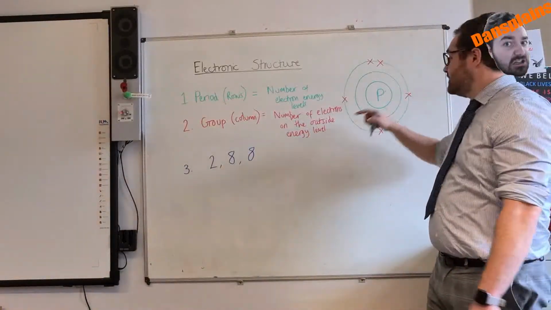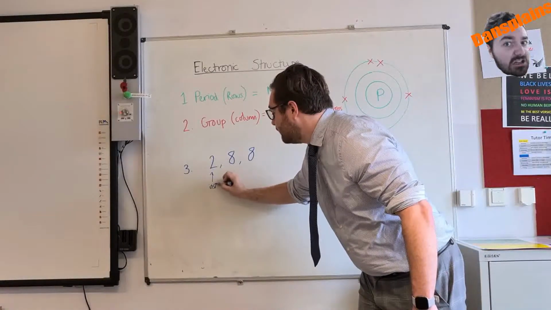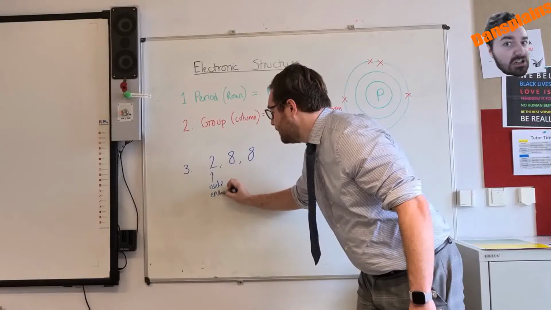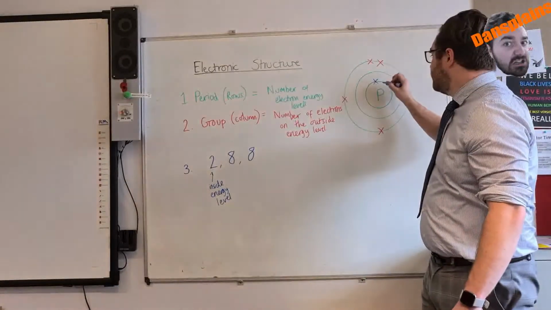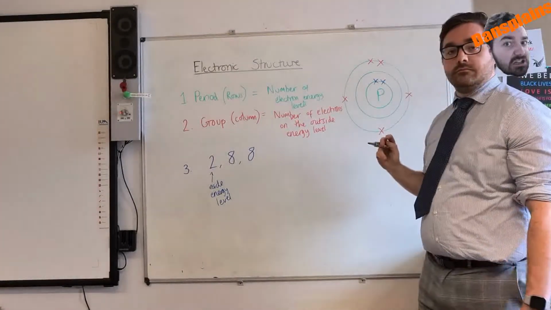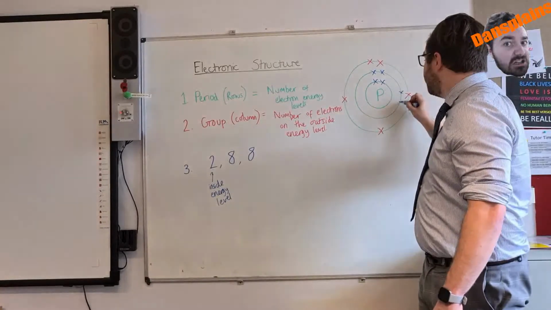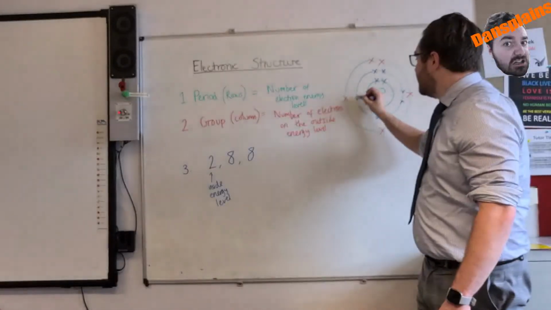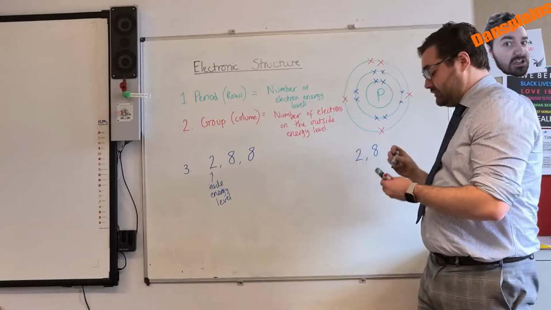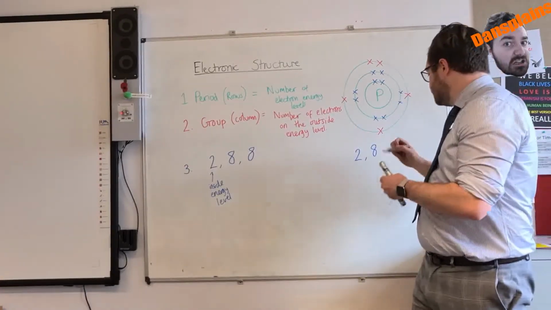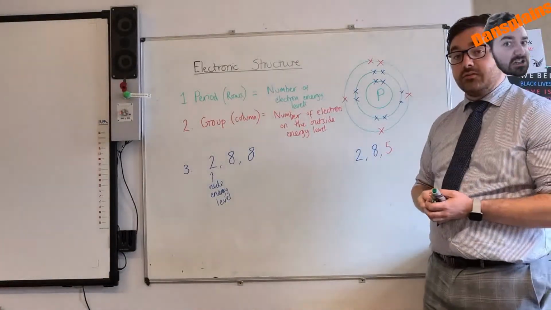So that means I have 2 in my inside energy level. 2. My next energy level is 8, and then I have 5. So I can always write this down as the electron arrangement of 2, 8, 5. And that is phosphorus.